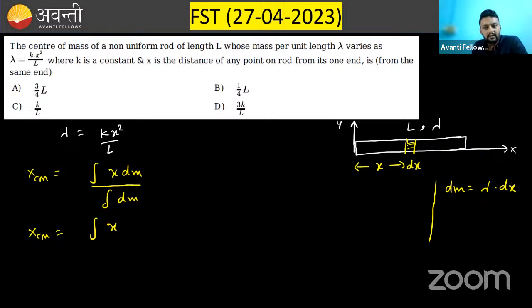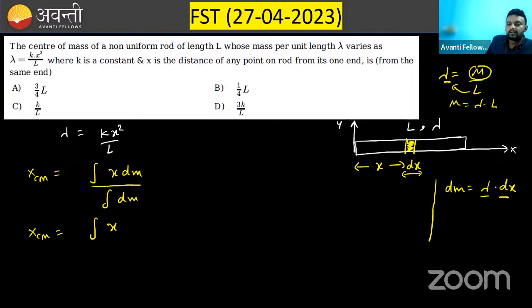I hope you know the formula. You know lambda is equal to mass per unit length. So mass is equal to lambda into length. We want to calculate the mass of this small length, which is of what? Dx. So mass is equal to lambda into length, and length is what? Dx. I think clear. And now the value of lambda is also given.